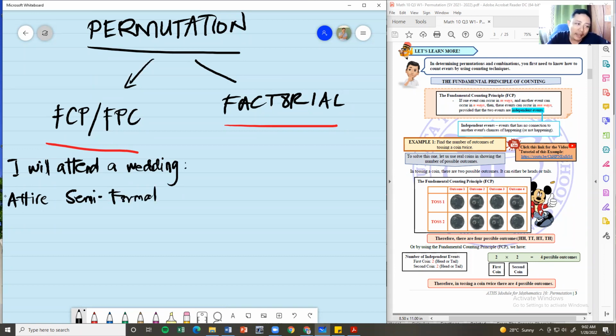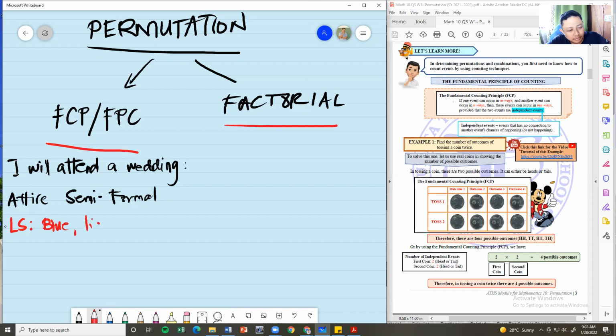Okay. Now, here are my options. For my damit, for my upper, syempre semi-formal, mas maganda naka long sleeves tayo. For the long sleeves, meron akong blue.